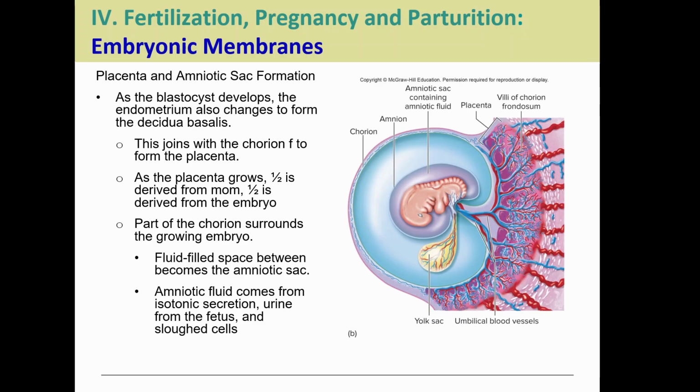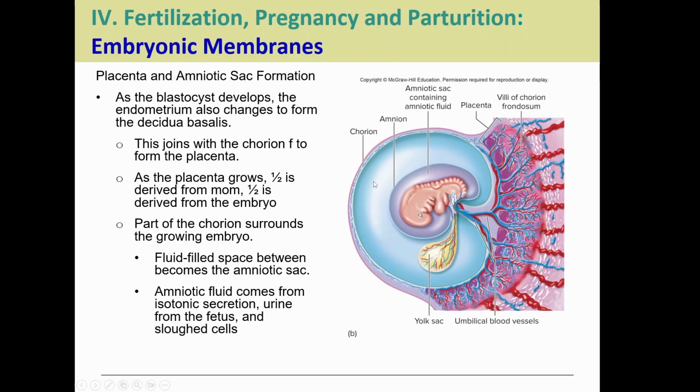If we look at the placenta, we have this amniotic sac containing amniotic fluid, which is called the amnion. We have the chorion going around that, and then it's all contained as the placenta. The chorion is surrounding the developing embryo.